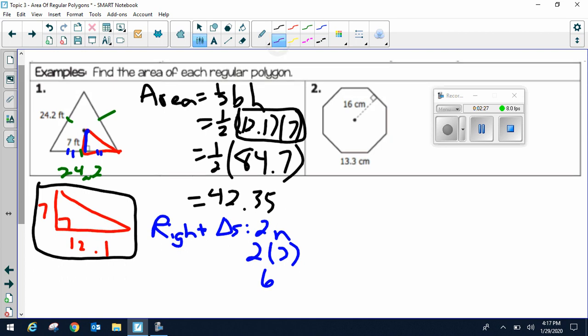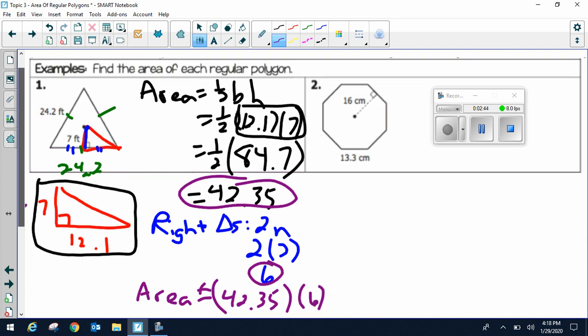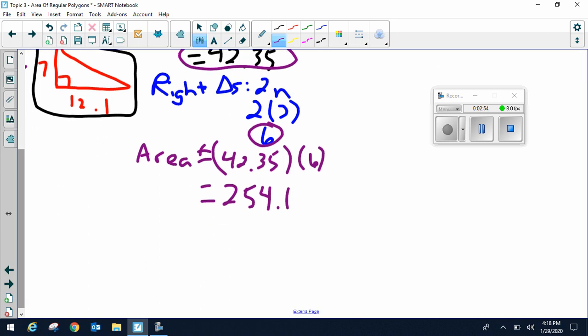So if I want to find the area of the whole figure, I take the area of the one triangle, which is 42.35, and I multiply it by the number of right triangles that I have, which in this case is 6. So my area of this whole figure is 254.1, and the units I think were feet, so it would be feet squared.